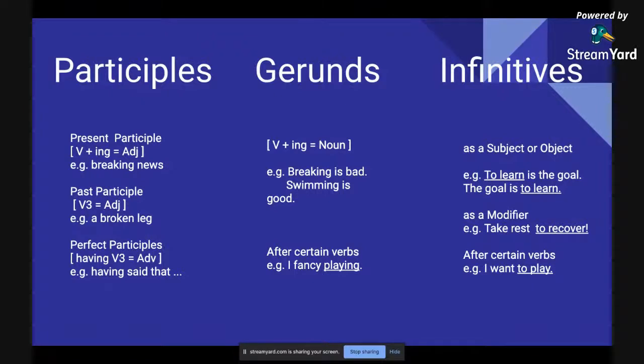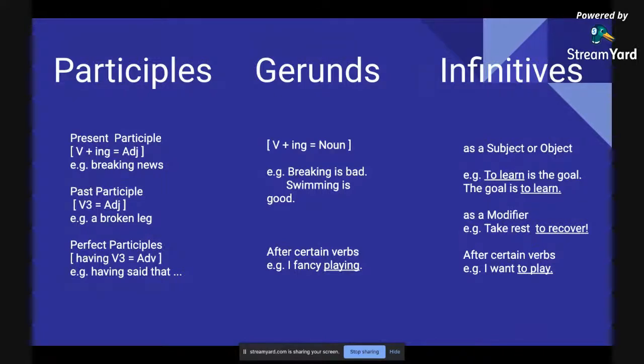As you can see, I have put these two examples side by side so that you can see the difference. Even if fancy and want are synonyms and mainly mean the same thing, fancy needs ing after itself.